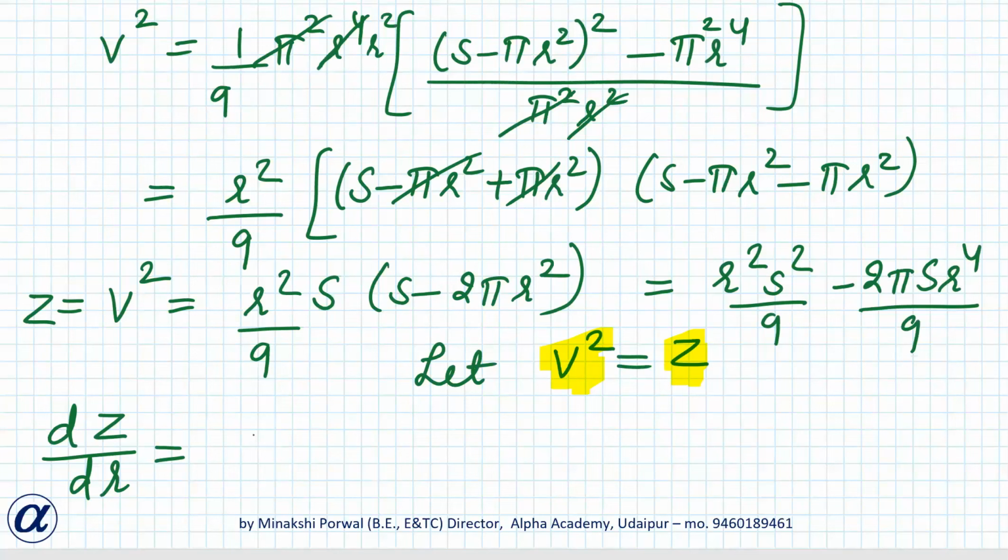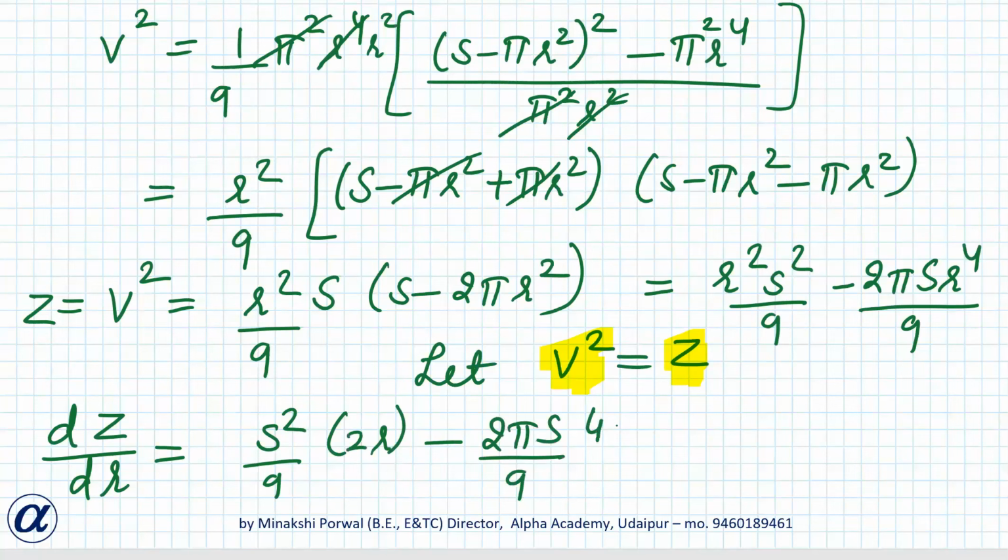So dz by dr is s square upon 9 into 2r minus 2 pi s upon 9 into 4 r cube. So that is equal to 2 s square r upon 9 minus 8 pi s r cube upon 9.